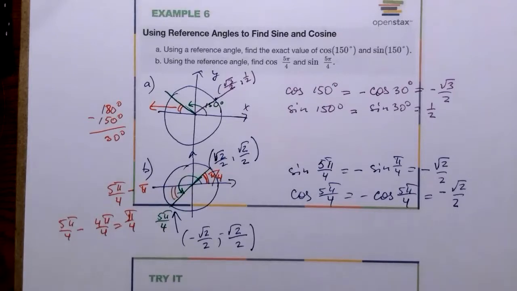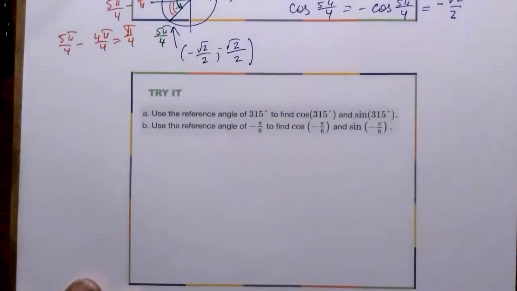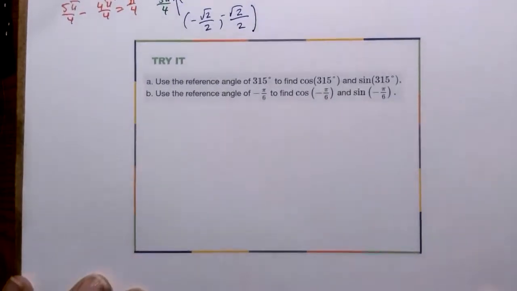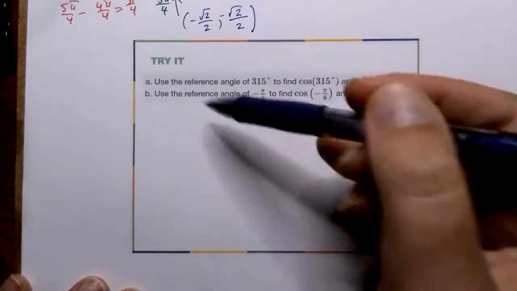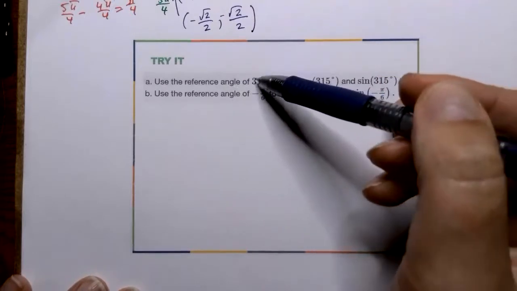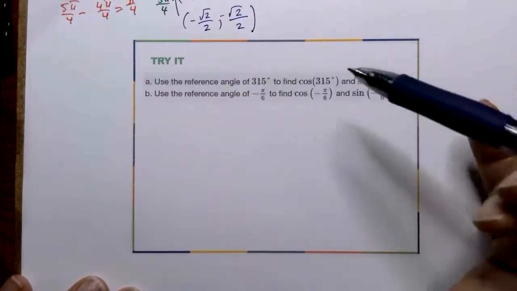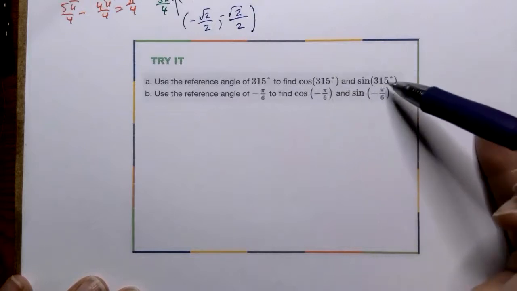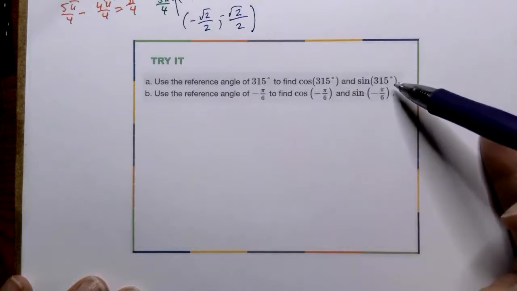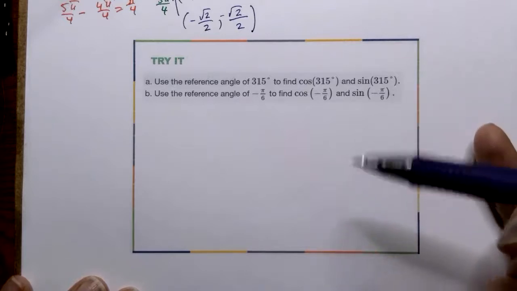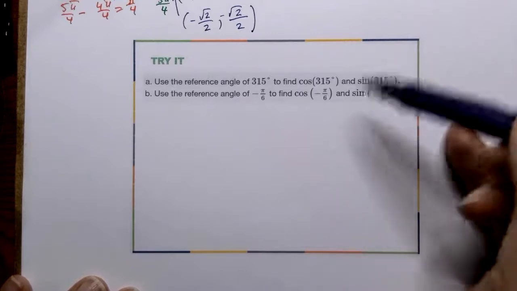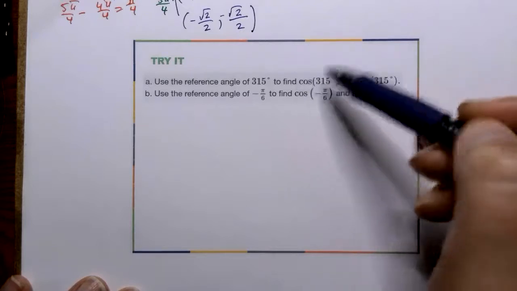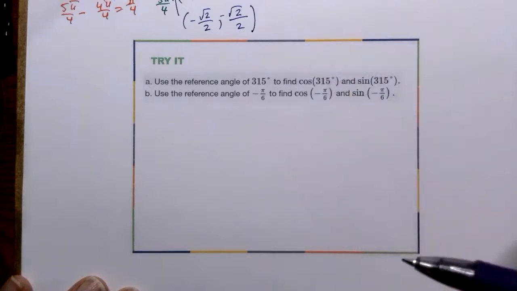Now I want you to try it yourself, and here's the problem that I want you to solve. Use the reference angle of 315 degrees to find cosine of 315 degrees and sine of 315 degrees. And the same thing for negative pi over 6.